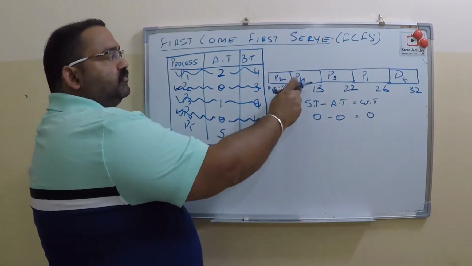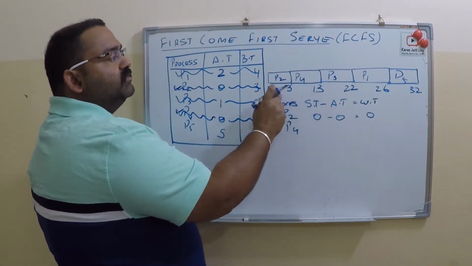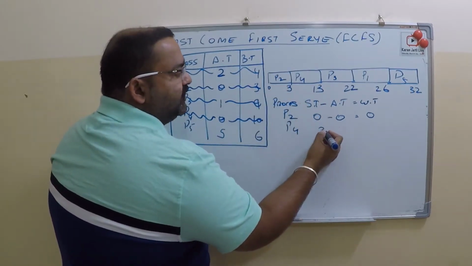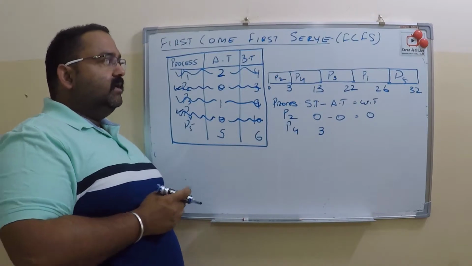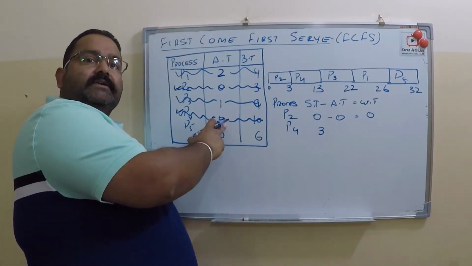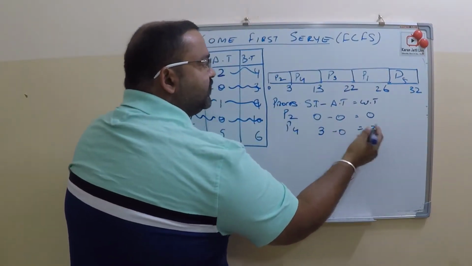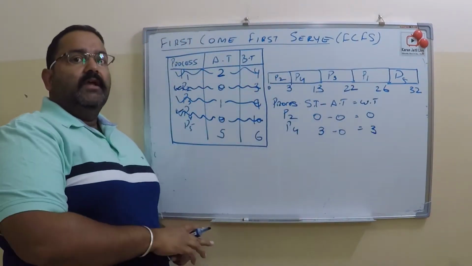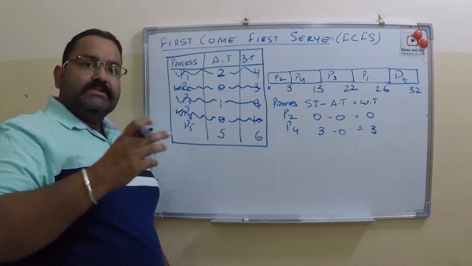Then comes process P4. What time did P4 start? P4 started at time 3. What time did P4 arrive? It arrived at time 0. So 3 minus 0, P4 had to wait 3 seconds before it got the CPU.